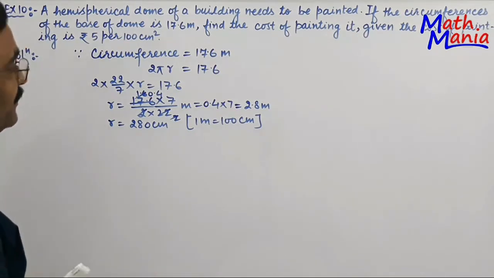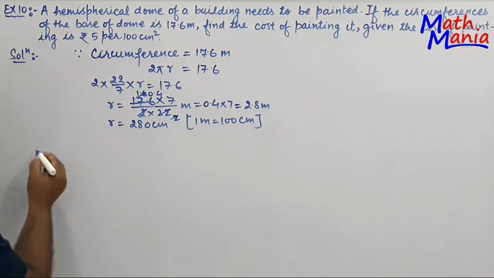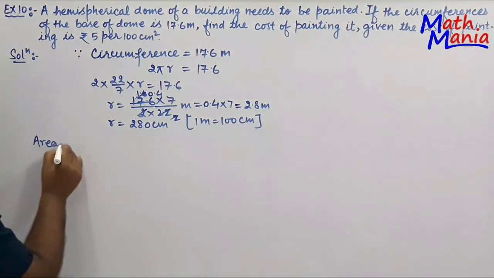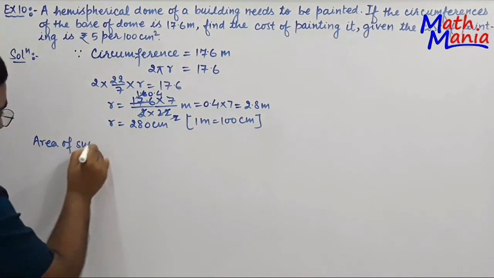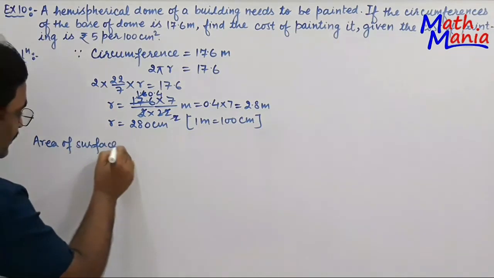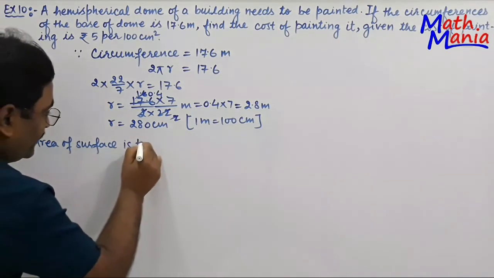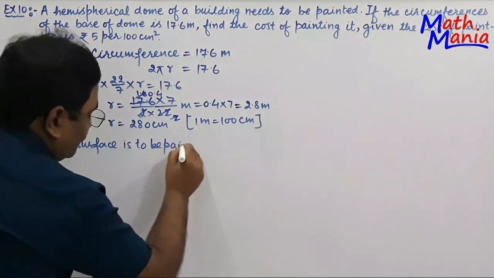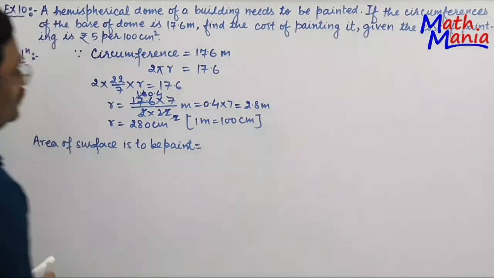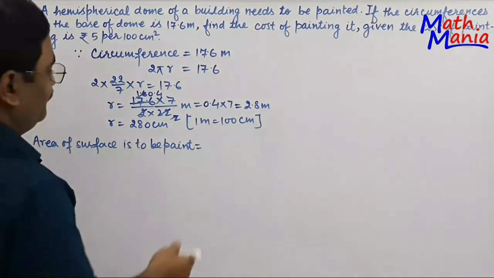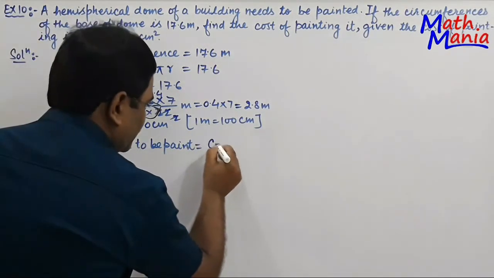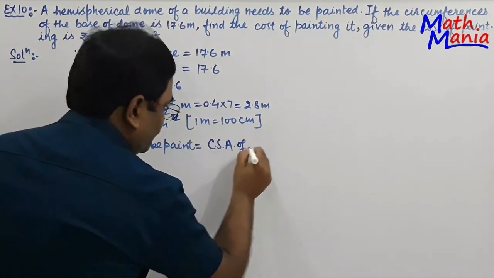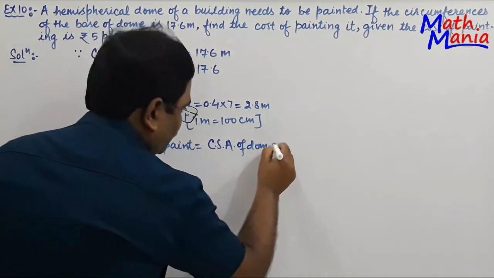so we can find the area of the surface to be painted, which is equal to the curved surface area, CSA, of the dome.